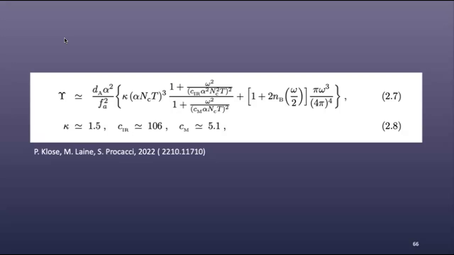Yeah, temperature is very high, alpha T is still huge. Temperatures are typically way above the confinement scale. That's why I'm saying we're not at all close to the confinement scale. That's why it's easy to produce these particles.